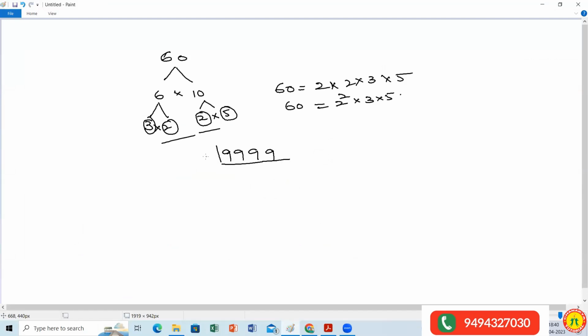Can I take the 3 table? Yes or no? Yes, ma'am. Shall I take 3 table once again? Yes. Shall I take the 11 table?